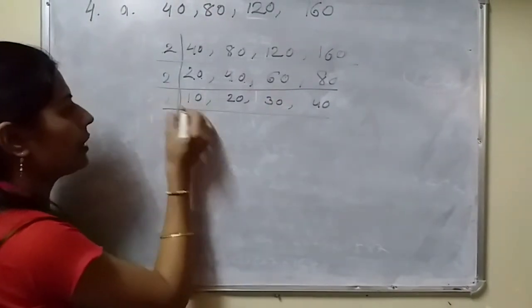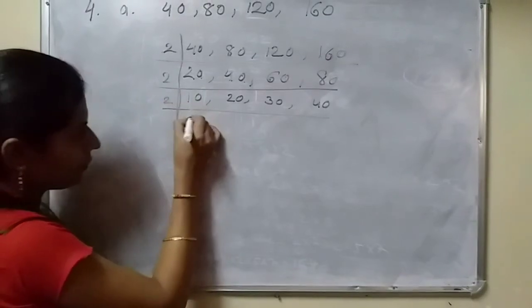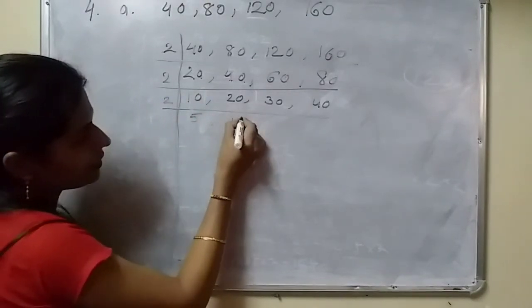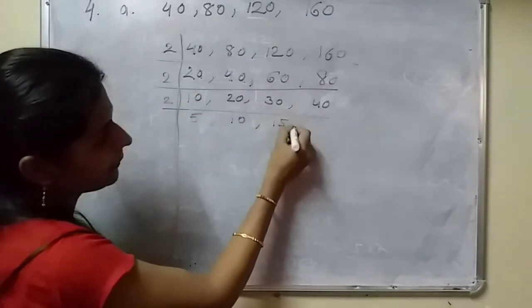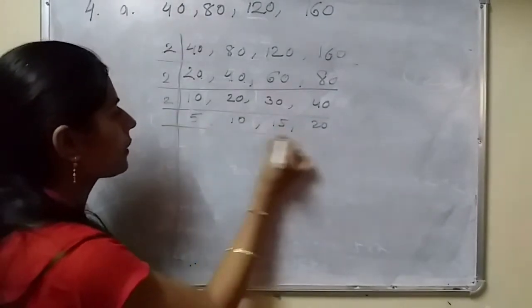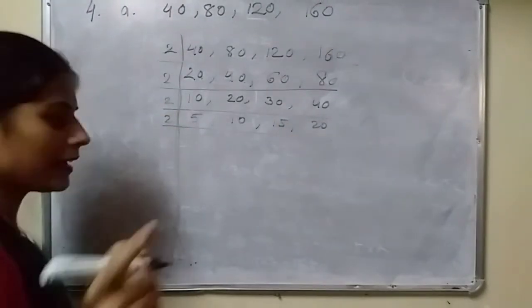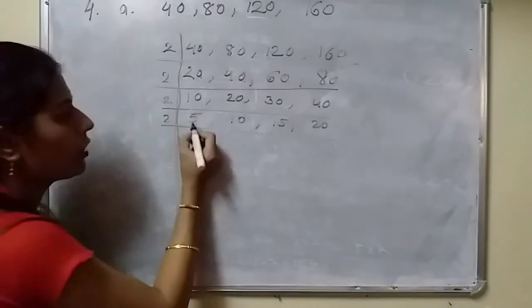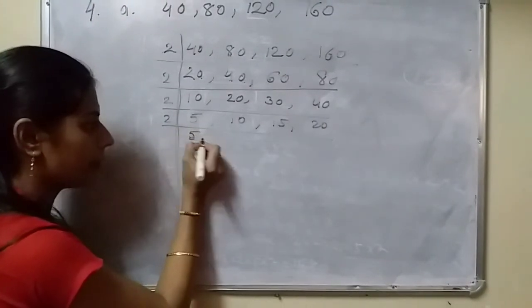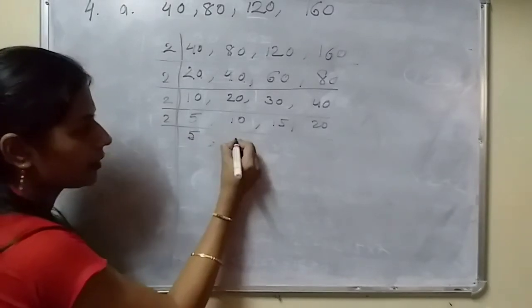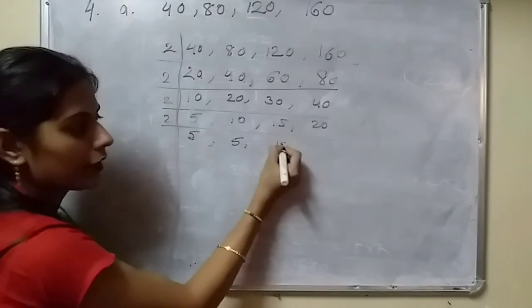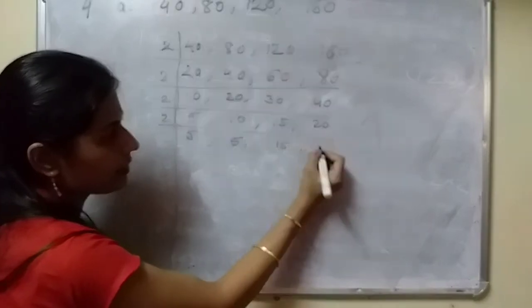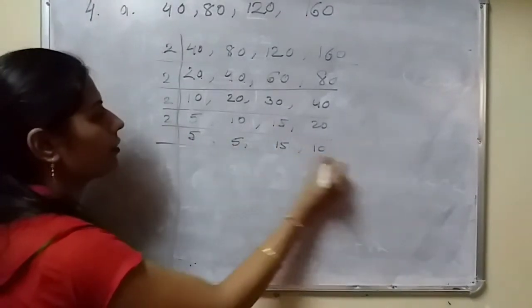Now see by 2 again, 2 fives are 10, 2 ones are 2, 0, 15 and 20. Now see again you are taking it by 2, but 5 is not coming in the table of 2, so 5 as it is we have to write here. 2 fives are 10, 15 is also not coming, so 15 as it is, then 10.